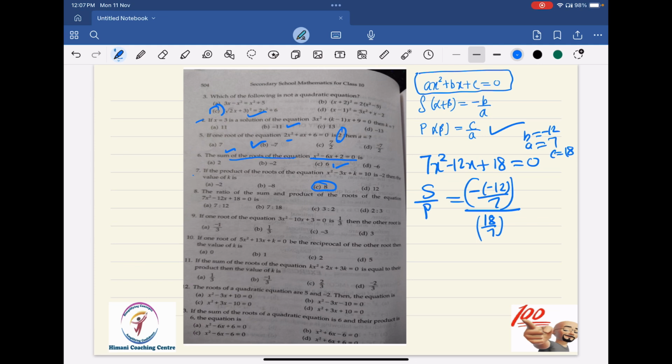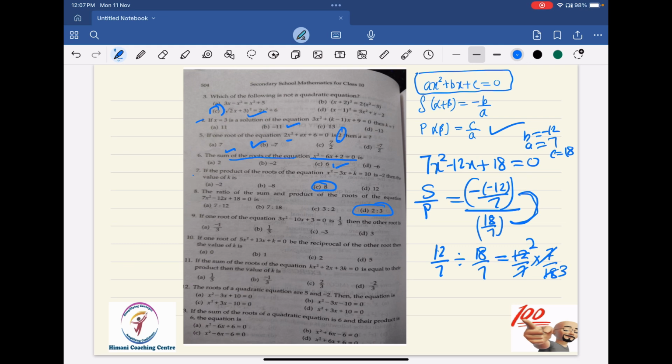Okay, so we can just write it as 12 by 7 divided by 18 by 7, and we can write it as 12 by 7 into 7 by 18, and then you will get, 6 twos are 12, 6 threes are 18, and the answer is 2 is to 3, and that is your answer. Many times I have seen that students make mistakes when a fraction is divided by another.